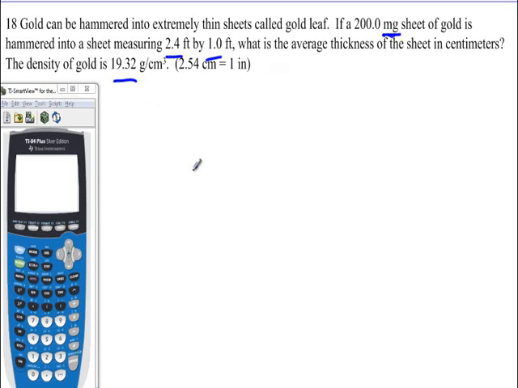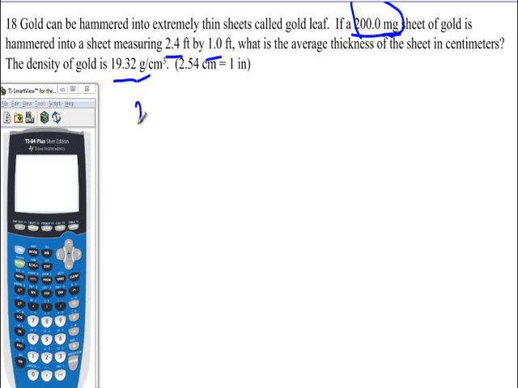Okay, so let's take a look. Before I can figure out the thickness, I can use this density and this mass to figure out the volume of the sheet, right? This is just like the lab you're doing with the aluminum foil.